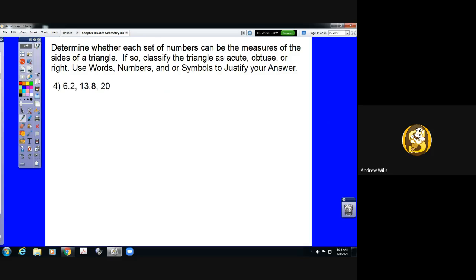Again, we've got to check to see if A plus B is bigger than C. Okay, C is clearly 20. That's the biggest number. In your head, you should be checking to see whether or not A plus B is greater than C. And the answer here is no, it's not.